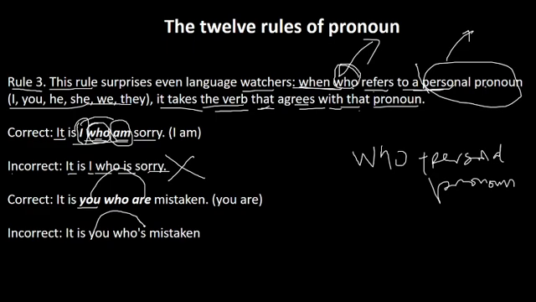It is you who are mistaken. Some people say it is you who is mistaken. Jesus. It is you who is mistaken. It's very sweet to speak, but it is technically wrong. You are mistaken.